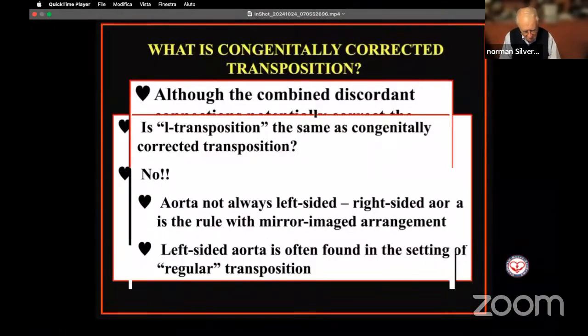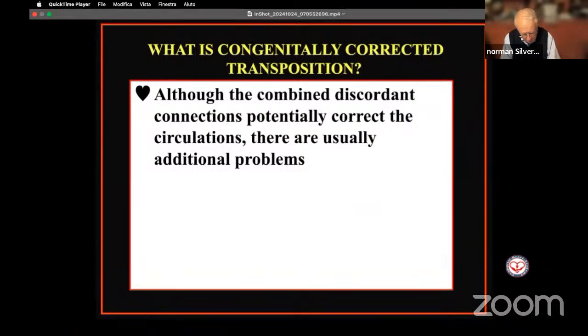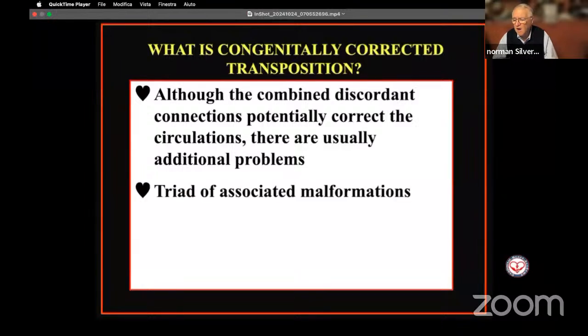So, hopefully that's got L transposition out of the way. You will remember now that when I was describing the basic arrangement, I said that the double discordant connections potentially corrected the circulations. And I use the term potentially on purpose because usually there are additional problems.